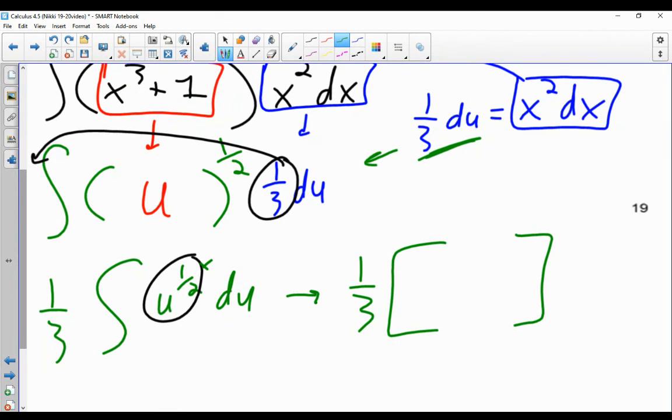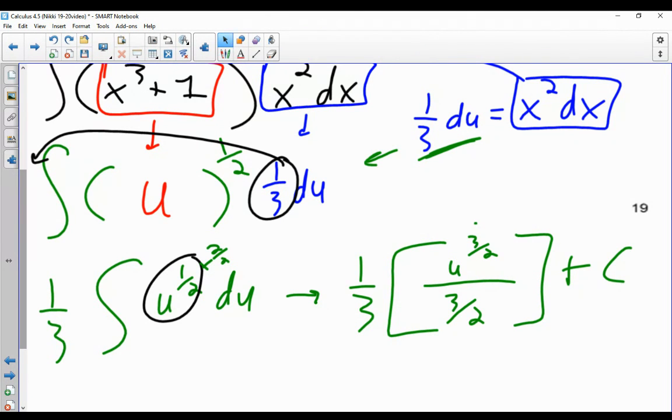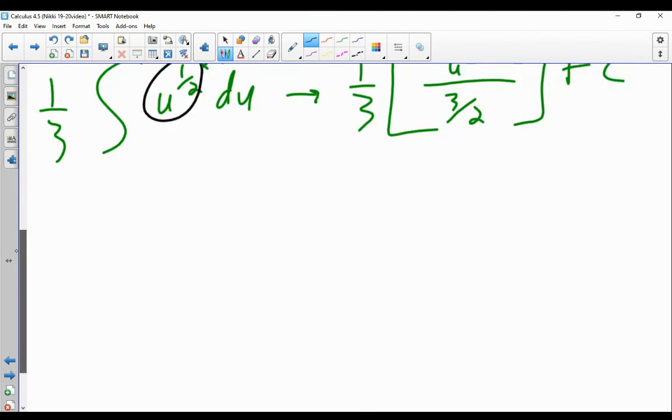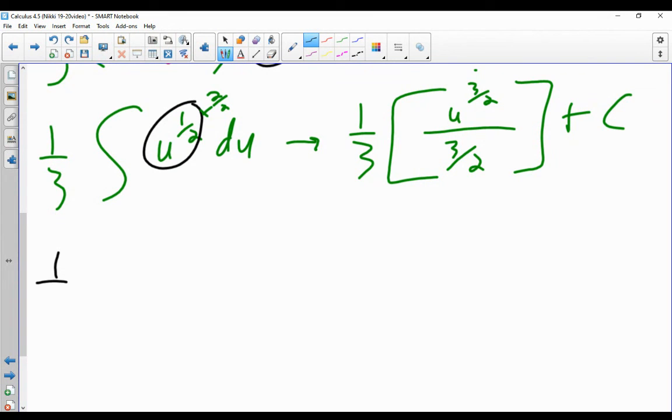So we'll add 1, or 2 over 2. So 1/2 plus 2/2 gives you u to the 3/2. Then we're going to divide it by our new power, 3 divided by 2, and then plus c. Now we just got to simplify from there. So 1/3.